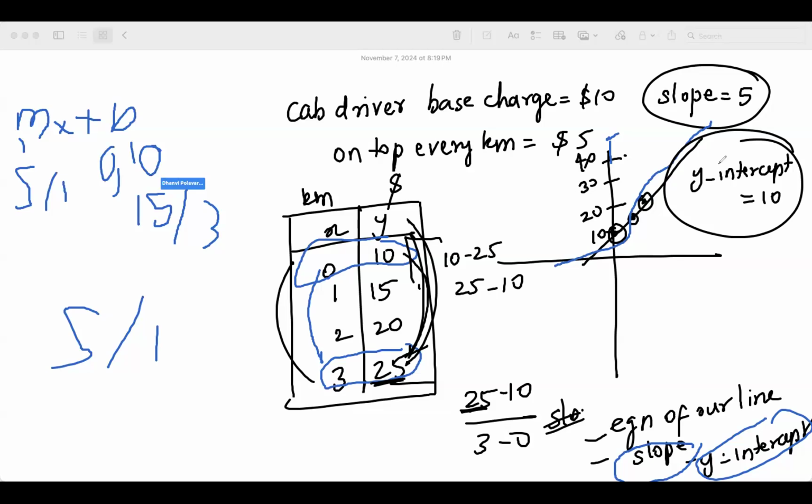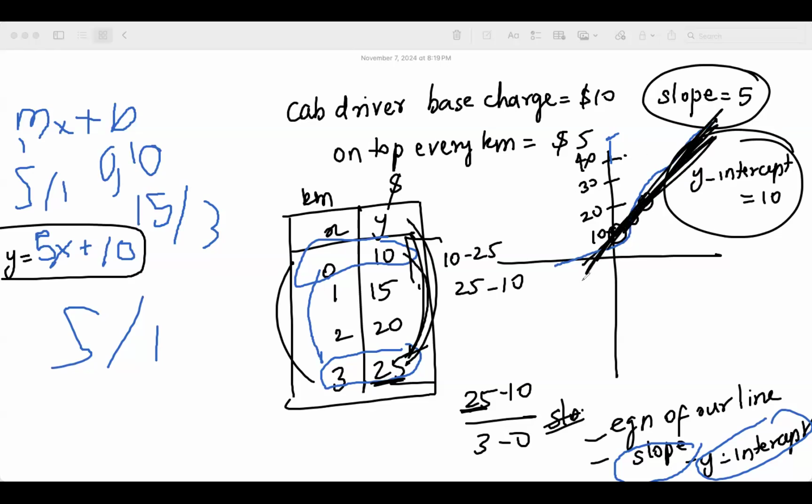So our equation would be 5 by 1, or basically 5x plus 10. Good job. That will be equal to y. This line is represented by this equation: y equal to 5x plus 10.